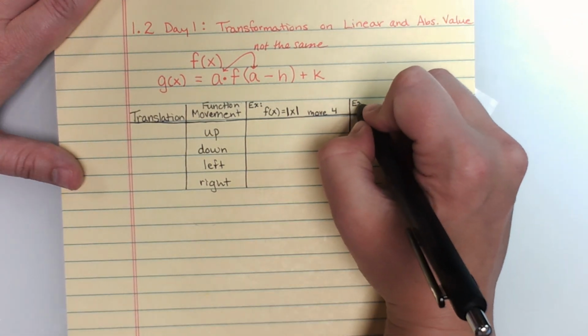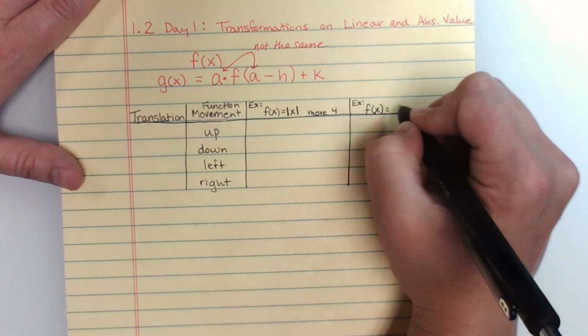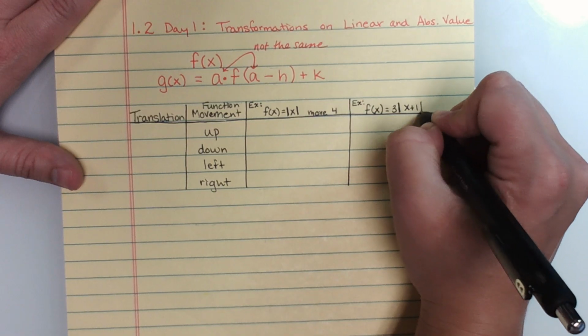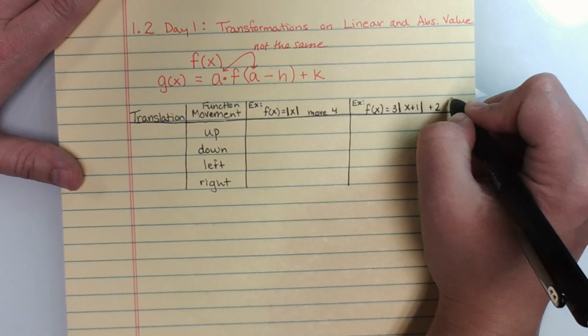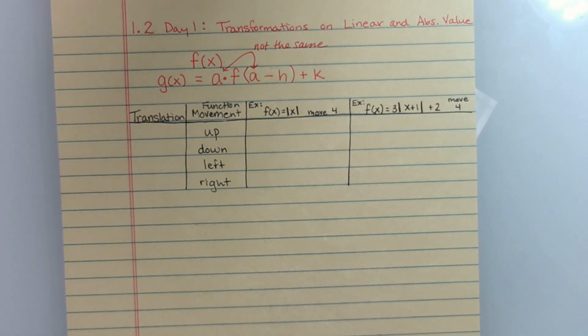But I'm also going to have an example where f of x is more complicated. It's 3 absolute value of x plus 1 plus 2. I'm also going to move this one 4. Can you read that?